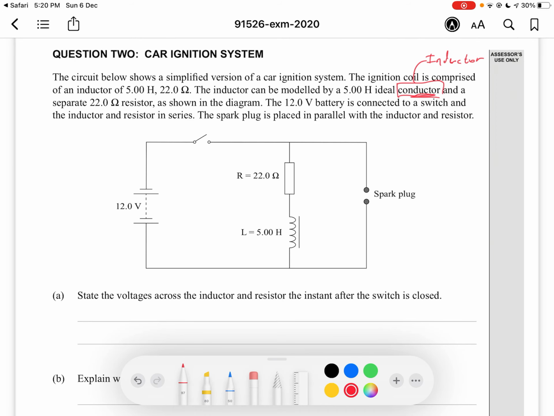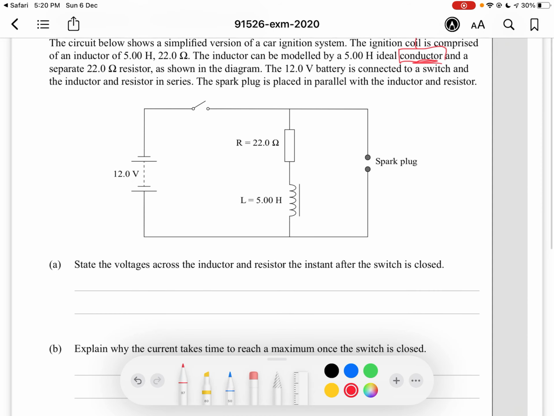The inductor can be modeled by a 5 henry ideal inductor and a separate 22 ohm resistor, as shown in the diagram. The 12 volt battery is connected to a switch, and the inductor and resistor are in series. The spark plug is placed in parallel with the inductor and resistor. State the voltages across the inductor and resistor the instant after the switch is closed.